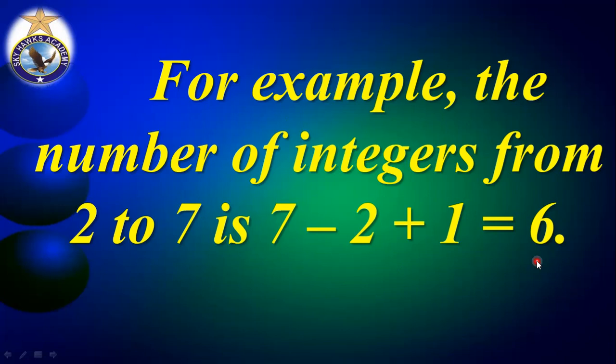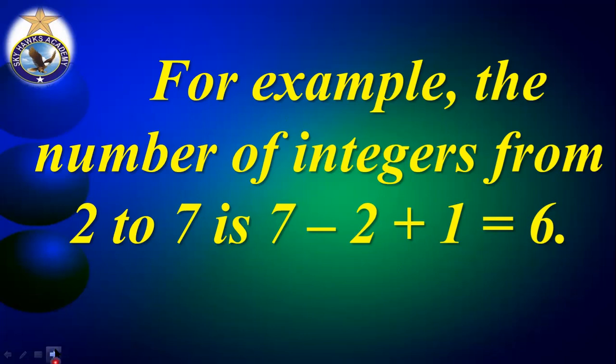Look at this: 5, 6, 7, 8, 9, 10. You can count also, you can count on your fingers. You will get the 6. So this is the way to tell the number of integers or digits between two inclusive digits.